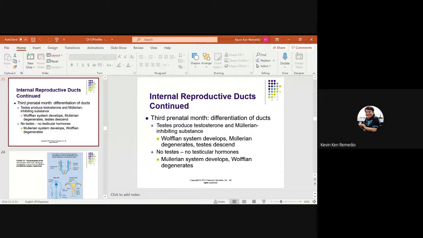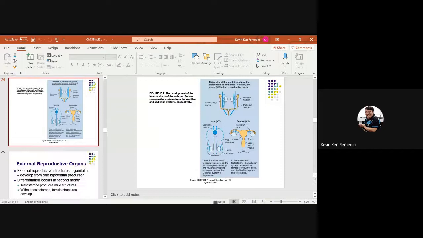So mo na, lalaki dayon to ang na-develop. For females, on the other hand, there are no testes and no testicular hormones produced. Therefore, the Mullerian system will develop and the Wolffian system will also degenerate. Okay, mo na siyang picture. Okay.